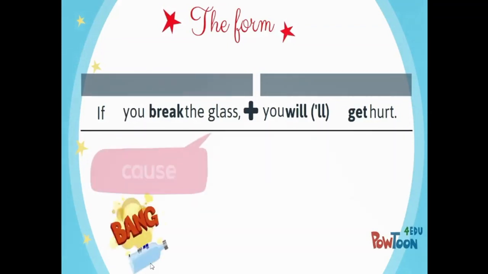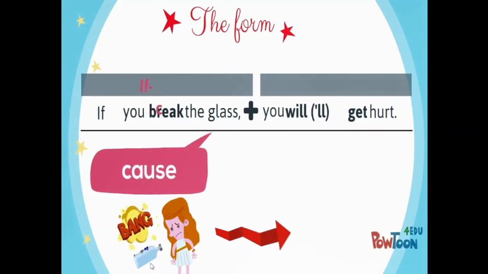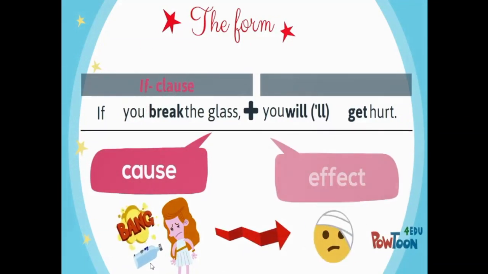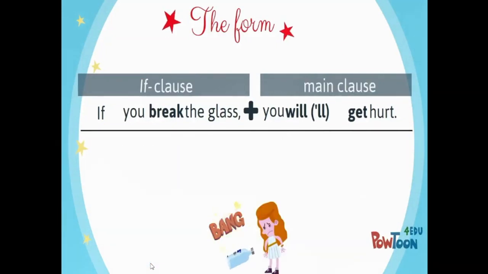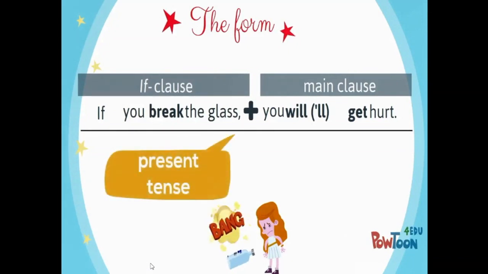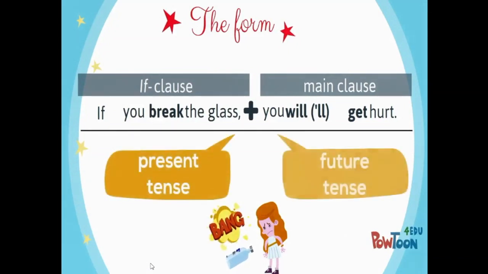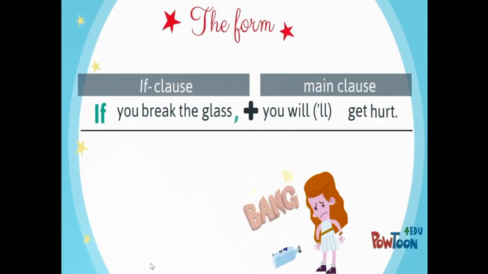We can refer the cause as the if clause, while the effect is the main clause. Besides, we use present tense for the cause, while the future tense is for the effect. Don't forget to put a comma in the if clause.